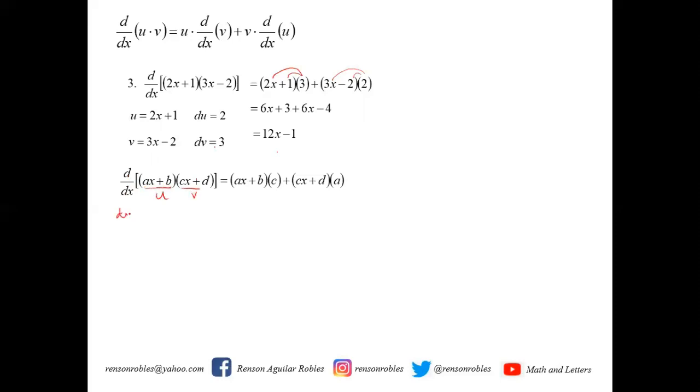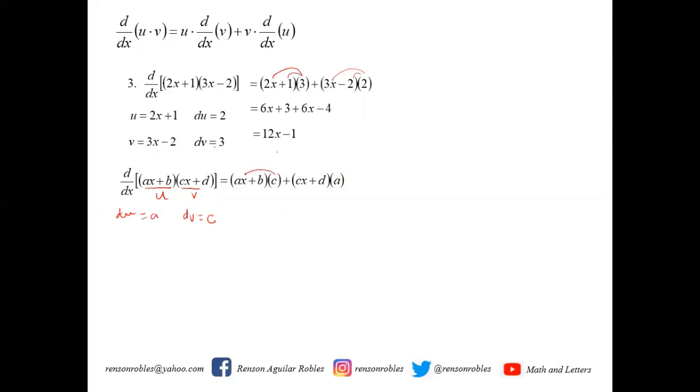And we know that the derivative of u is a and the derivative of v is equal to c. So we shall have u, ax plus b, times the derivative of v, which is equal to c, plus v, cx plus d, times the derivative of u, which is a.